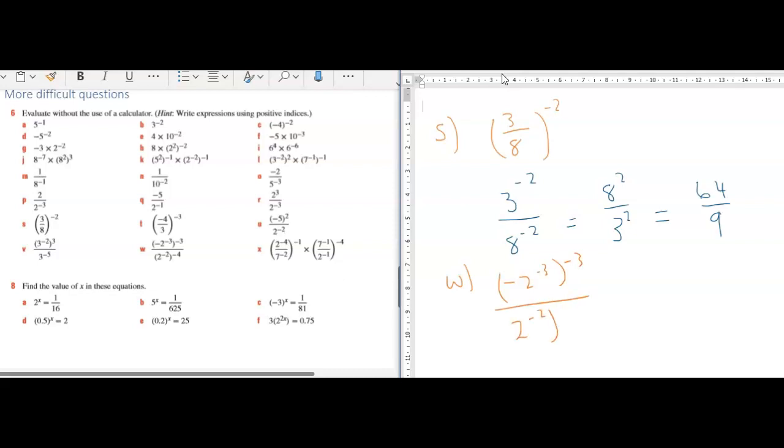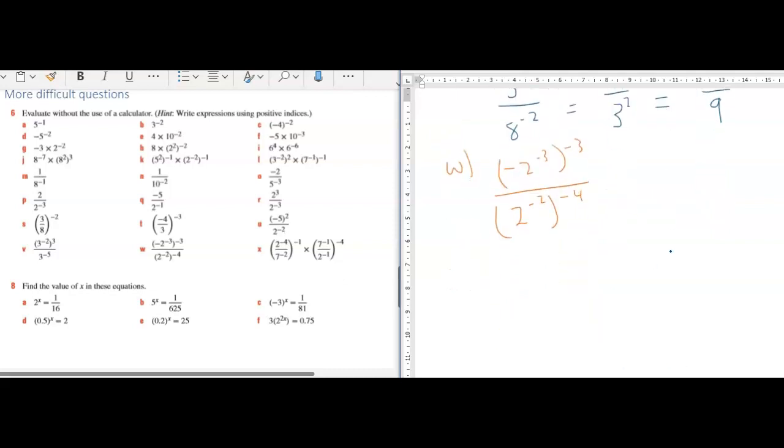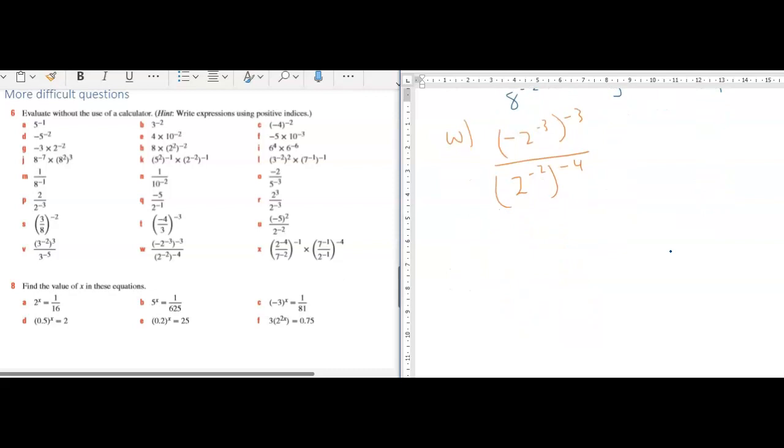Now, just be careful with your powers that they clearly look like they're up the top. Okay, so let's just get rid of these brackets first. So negative 2 is my base. Now, if my base was a negative, I would put it in brackets just so I don't get mixed up with my negatives. And I'll explain why in a sec.